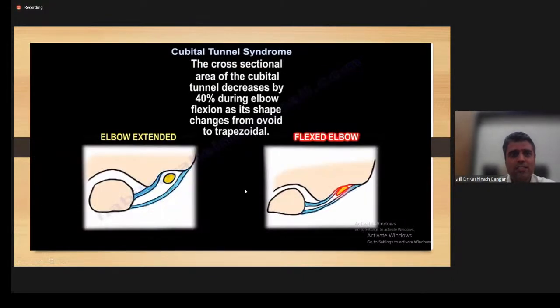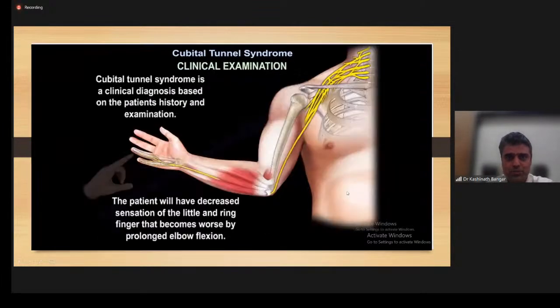What happens is that when we flex the elbow, there is a significant reduction of the cross-sectional area of the cubital tunnel, and there is a chance that the ulnar nerve could be more compressed. This is one of the provocative tests, because in the extended elbow the cross-sectional area increases, while in the flexed elbow the cross-sectional area decreases and the ulnar nerve gets compressed.